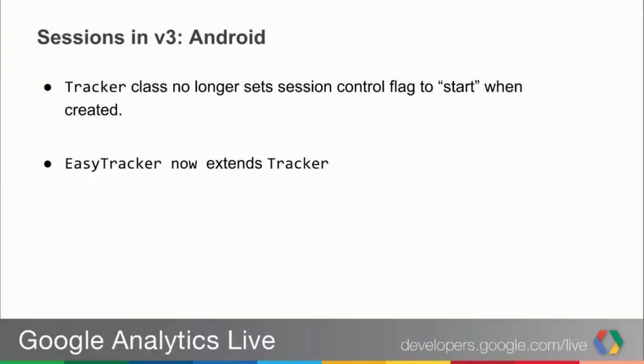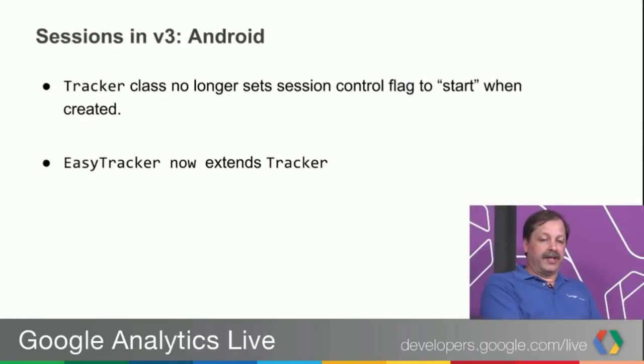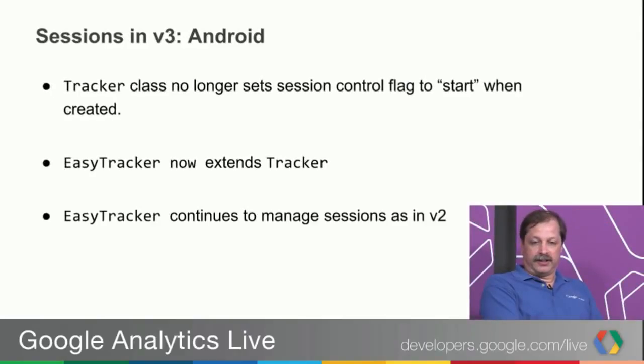Easy Tracker, kind of a side point, now extends Tracker. So you can treat Easy Tracker just like your tracker; you call get, set, and send. And Easy Tracker for Android will continue to manage sessions as it did in V2. So there's still a parameter that you can control that determines how long the app sits in the background before a session control start is sent.